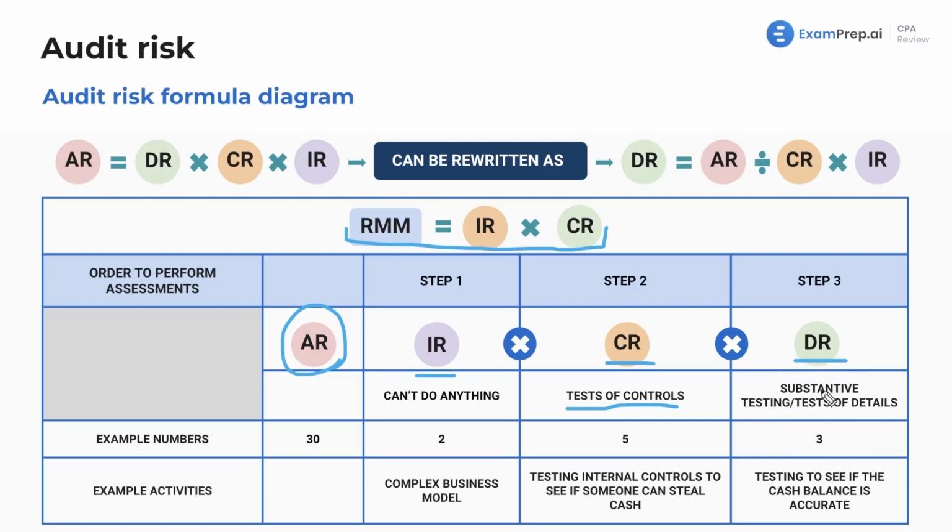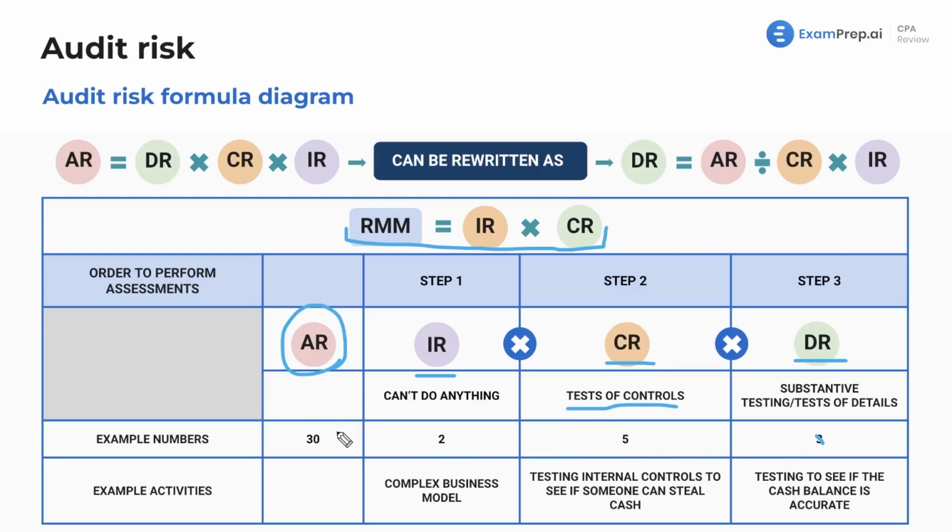Now, theoretically, let's say you audited every transaction, every bank account, every account balance, and you audited every single thing on the financial statements. If you audited everything, then detection risk is theoretically 0 because you've analyzed every single thing. Now, what we see here, if we change this 3 to 0, well, anything times 0 is 0, so 2 times 5 is 10, but then times 0, it's 0.